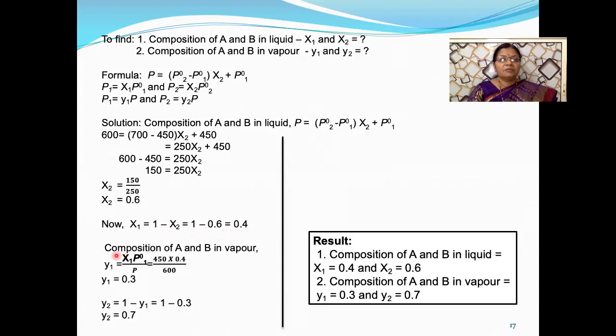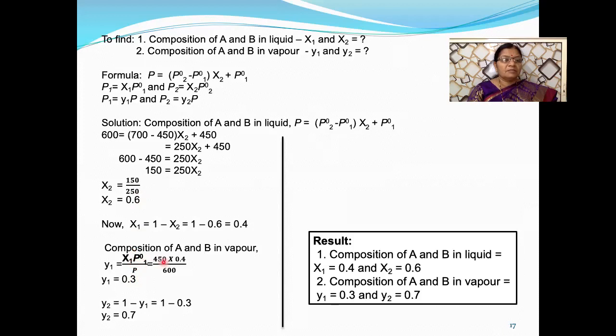Now second, we have to find the composition of both components in the vapor phase. So what is the formula? Here P1 is equal to Y1 into P, so Y1 becomes equal to P1 upon the total pressure. Again, P1 is nothing but X1 into P01. So we put the value of P1 upon P, where P1 means X1 into P01.